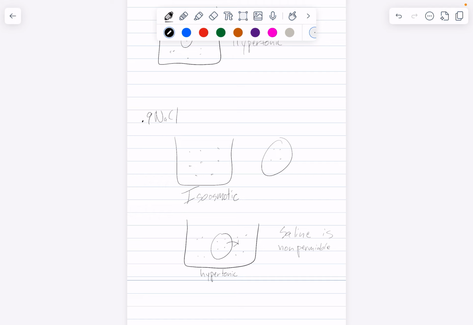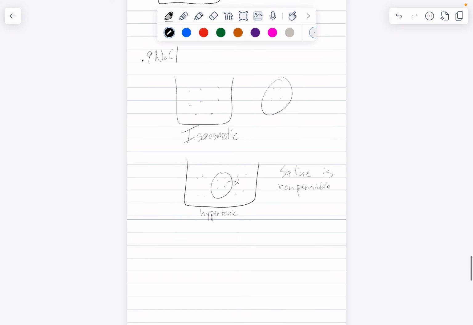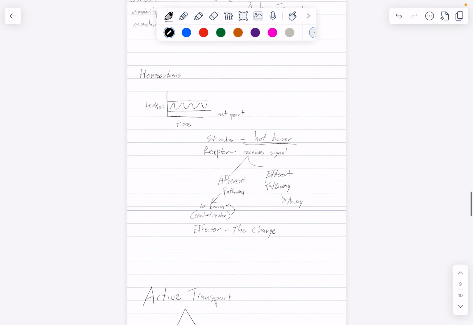So the dextrose would go into the cell, and you would have more inside the cell, making it hypotonic. But eventually it would get metabolized. But yes, that is everything.